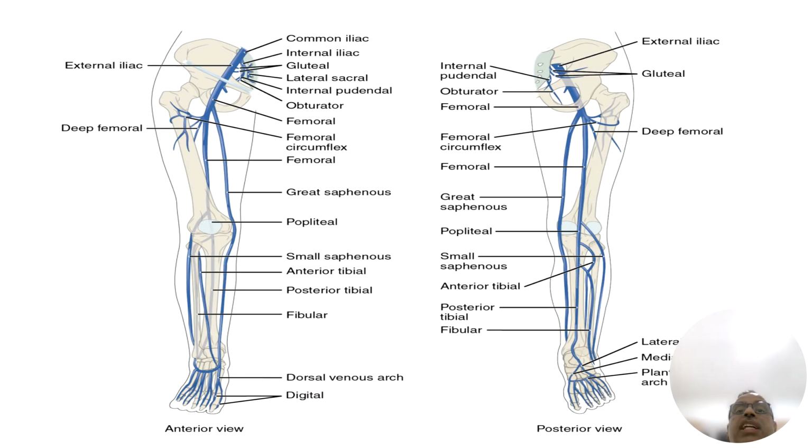So these posterior tibial and fibular veins, as they go posterior to the calf, are joined by the anterior tibial vein. Generally, the veins of the lower limbs, especially the deep venous system, correspond to the arteries. And sometimes these arteries and veins lie together in a common vascular sheath.